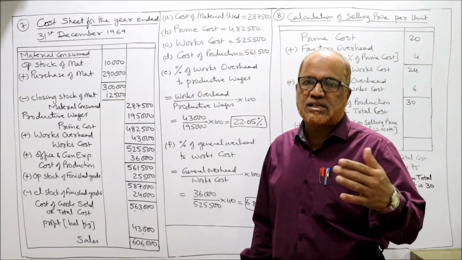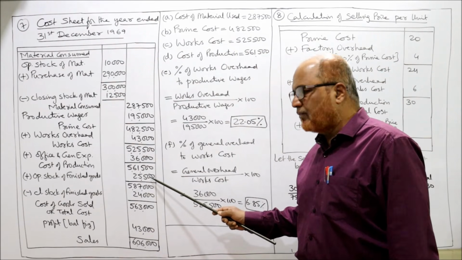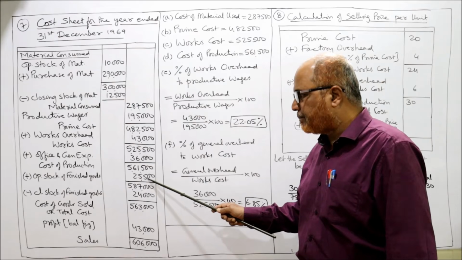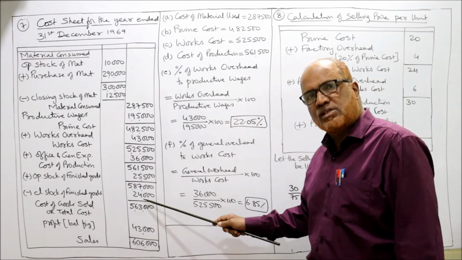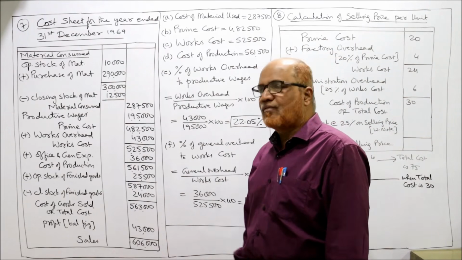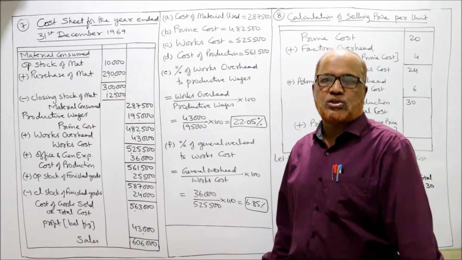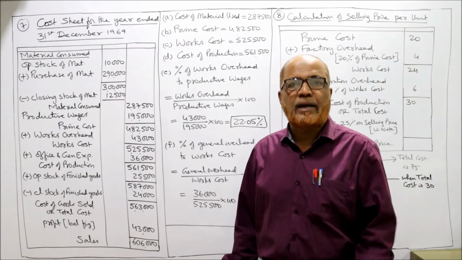I have already discussed this in the theory video. The opening stock of finished goods is 25,500, add it up. Then minus closing stock of finished goods, 24,000, and we get 5,63,000. This is called cost of goods sold. One more cost can come, that is selling and distribution overhead.